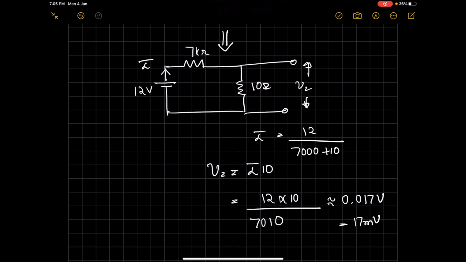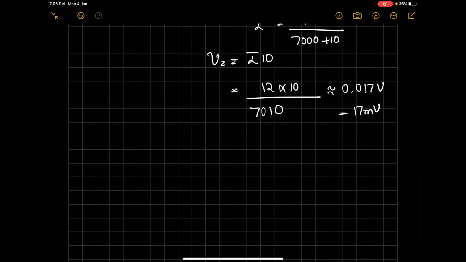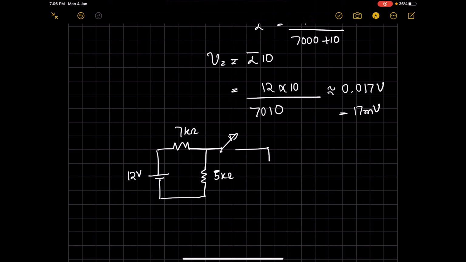Now let's try to put everything together and understand what happened here. So the effective network that we had initially was a 12 volt network, 7 kilo ohm resistance, 5 kilo ohm resistance, and assume we had a switch here which connects to the bulb, which requires 5 volt and has an internal resistance of 10 ohms.